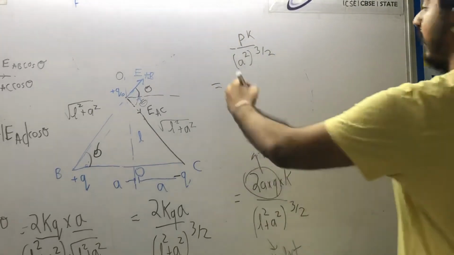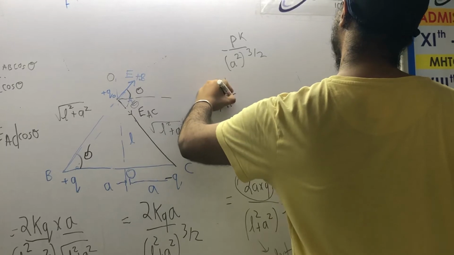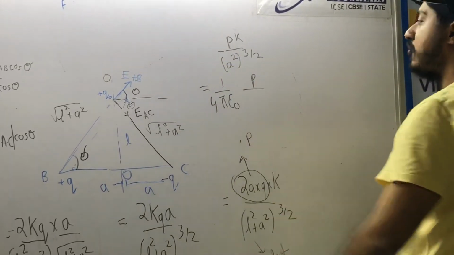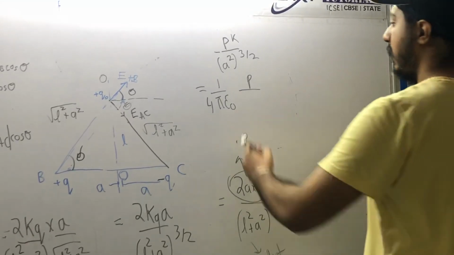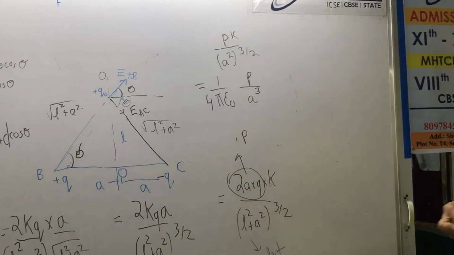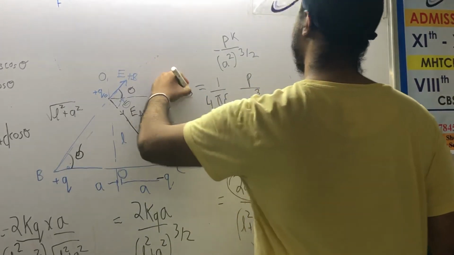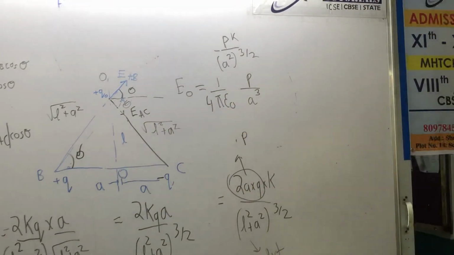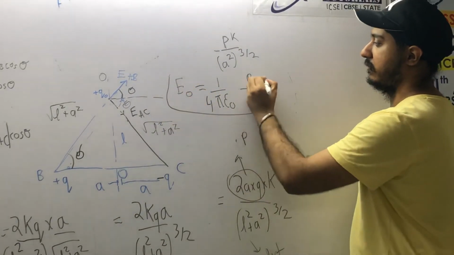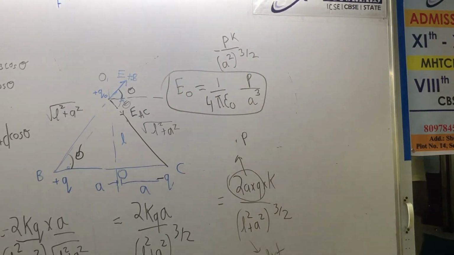K is 1 upon 4 pi epsilon naught. You can write it as 1 upon 4 pi epsilon naught into P upon a square raised to the power 3 by 2, which is a cube. So this is the electric field experienced at point O, a point that is kept on the equatorial axis. I hope that is clear to you all.